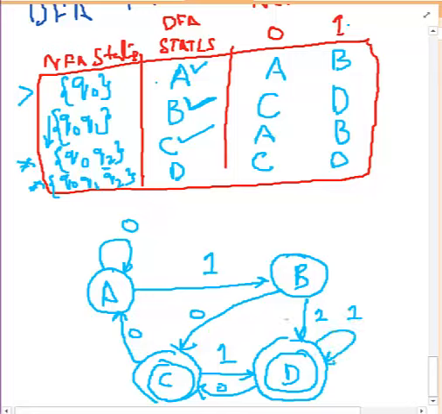Now this is the equivalent DFA of our NFA using the subset construction.